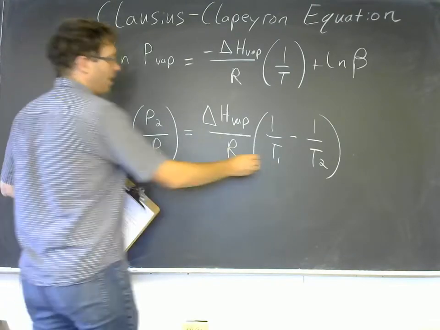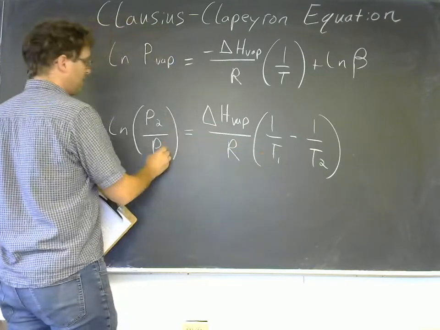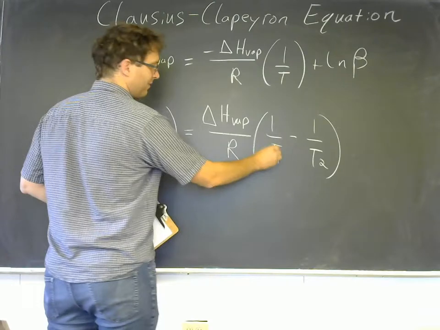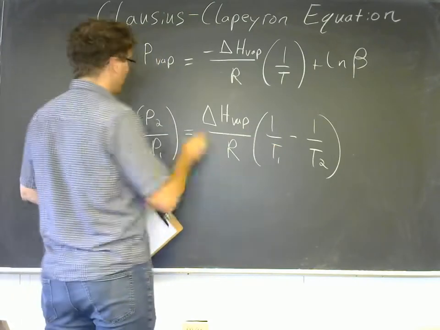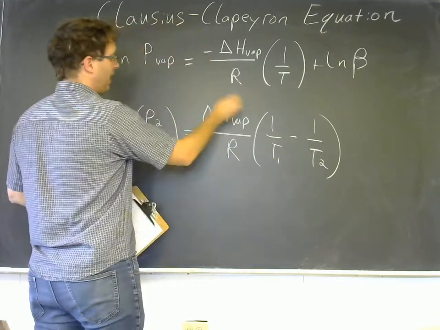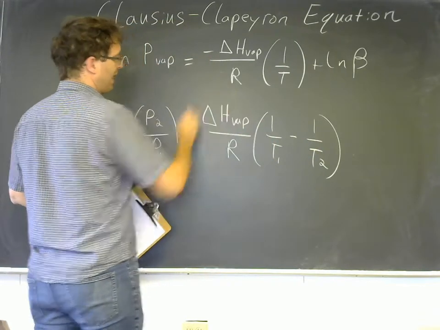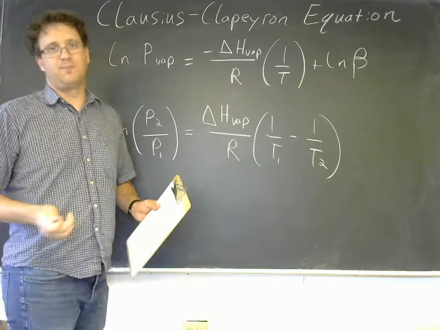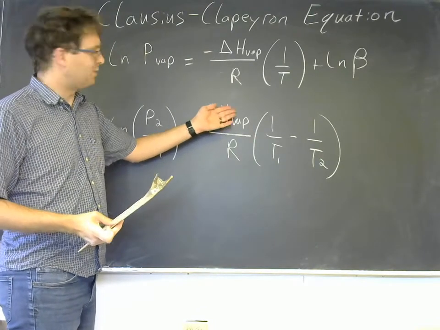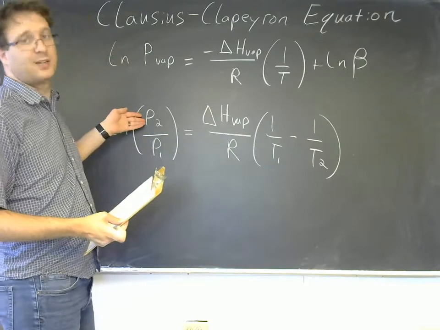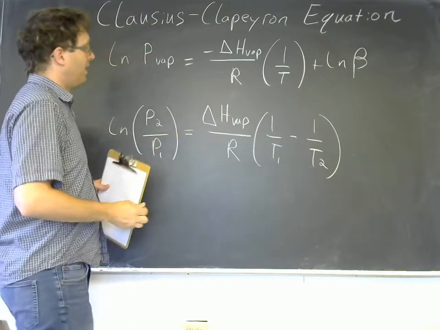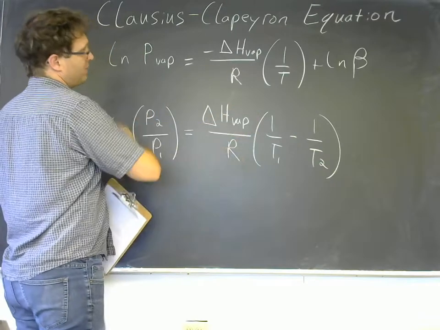You'll have temperature 1 and pressure 1, so you'll measure the vapor pressure at a given temperature, and then you'll measure the vapor pressure at another given temperature, and from that you'll be able to calculate the enthalpy of vaporization. Or if you know the enthalpy of vaporization, you could use this equation to predict the pressure at a different temperature. So this is the form that you'll use most often.